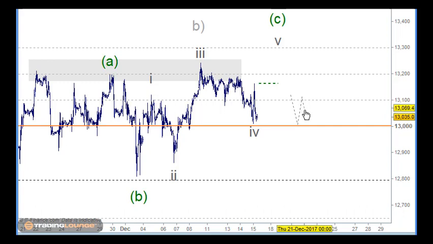But the question is, after the bounce, do we get a second lower bounce? If it moves through, it's going to come back and check here, and that becomes your reference point, and then a move down from that point.